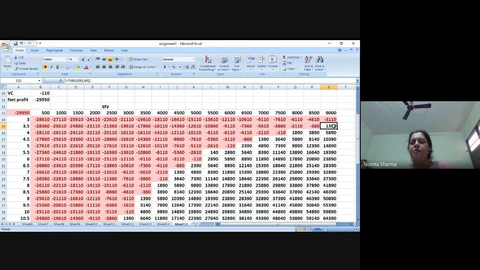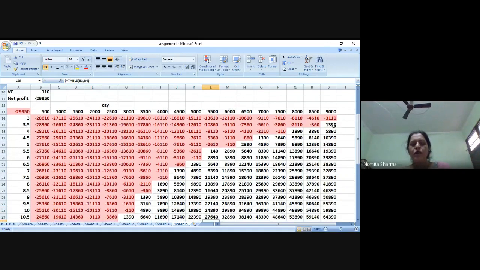In a similar manner, there are different combinations of quantity and price that we can see. If I reduce the quantity to 8,000, I have to increase the price. For 5,500 quantity, I have to have the price of 5.5 and so on.